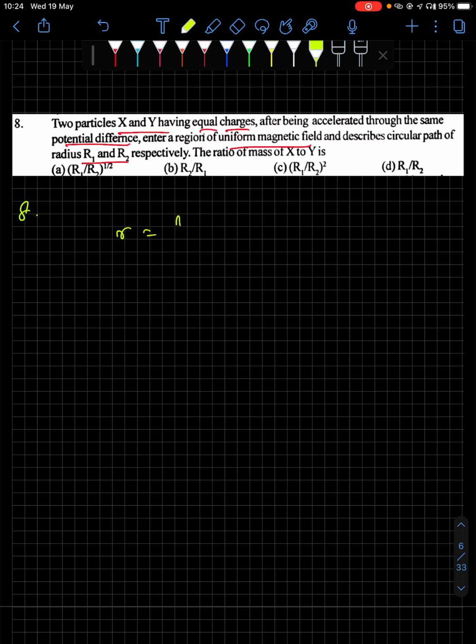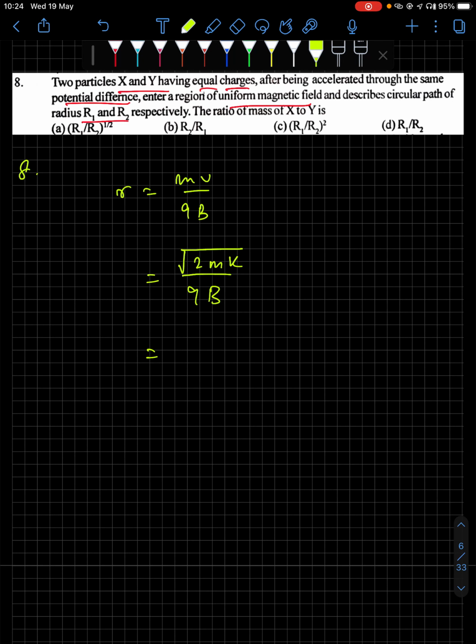The radius relation is mv by qB. Now momentum in terms of kinetic energy is square root of 2mK by qB, and K in terms of potential difference is square root of 2mqV by qB.